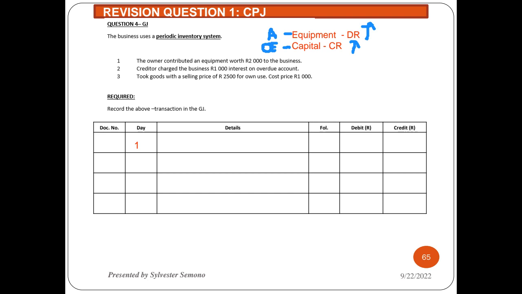And obviously the second one is going to be capital. You remember we did something like this? The one that you debited, you start with. The one that you credit must always be the second one to record.